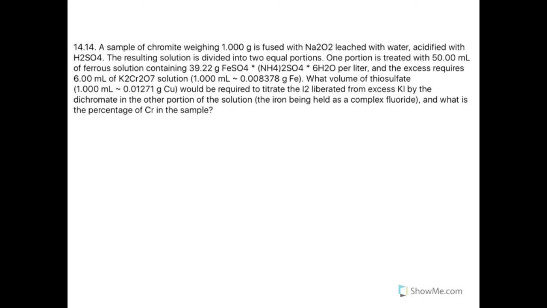So the first thing we do is to get the grams of the FeSO4·(NH4)2SO4·6H2O by using the grams per liter and the 50 ml of the ferrous solution.